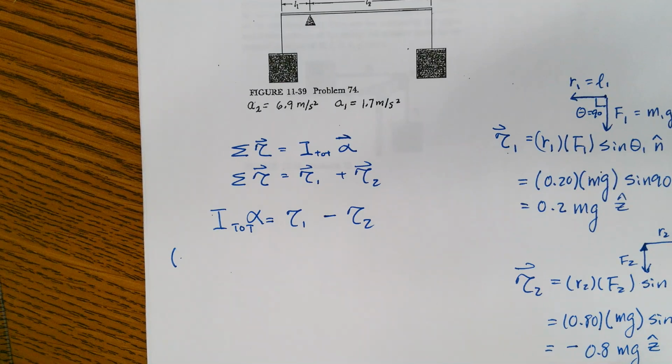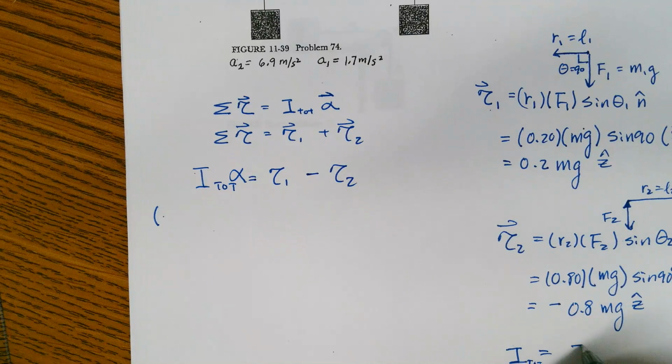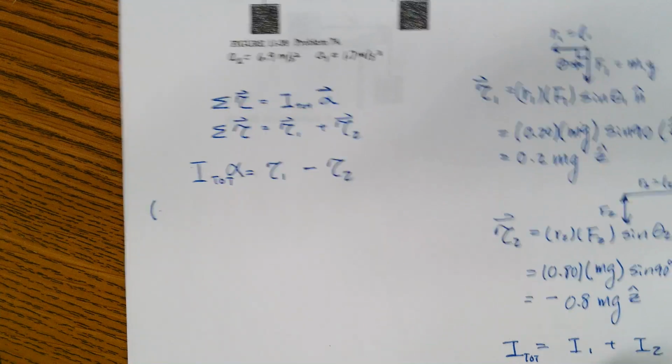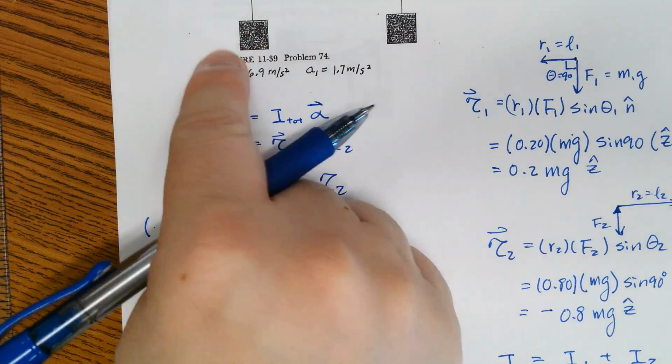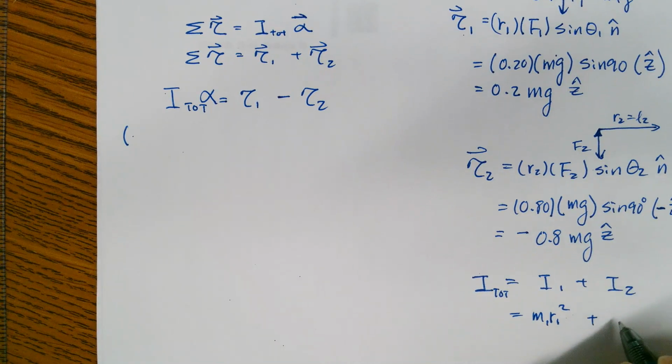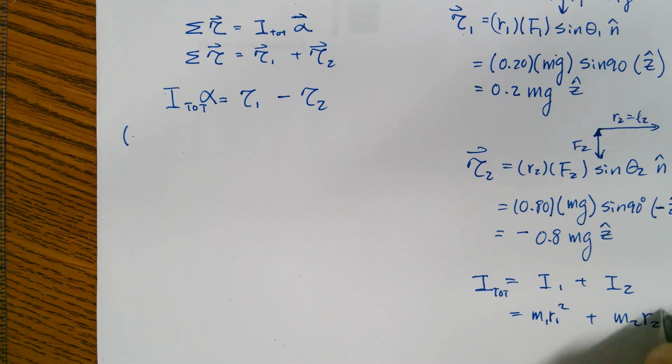I total is equal to I1 plus I2. I1 is m1r1 squared and I2 is m2r2 squared, because we're going to treat these as particles.